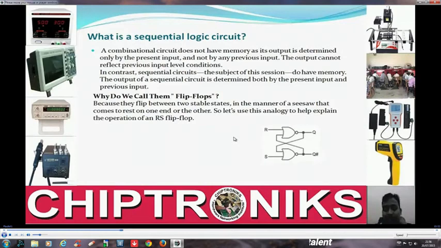We're not concerned with sequential logic too much here, but you need to understand that in a sequential logic circuit, the output depends on the inputs as well as the previous state. When we are studying schematics, I'll tell you where these are used.